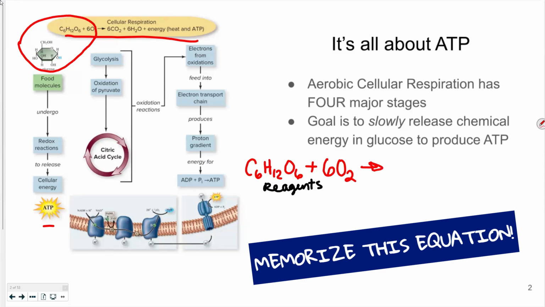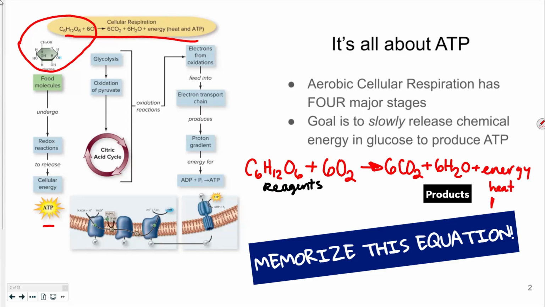And with enough time and the right cellular machinery and all the right enzymes, we are going to end up with 6 carbon dioxide molecules, 6 water molecules, and energy in the form of heat and the chemical energy of ATP.